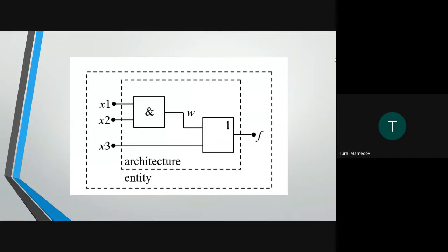Here you can see an example of a combinational circuit. We can see how it works in applications. We have 3 inputs, and the first 2 inputs have a logical operator, and we have 1 output.